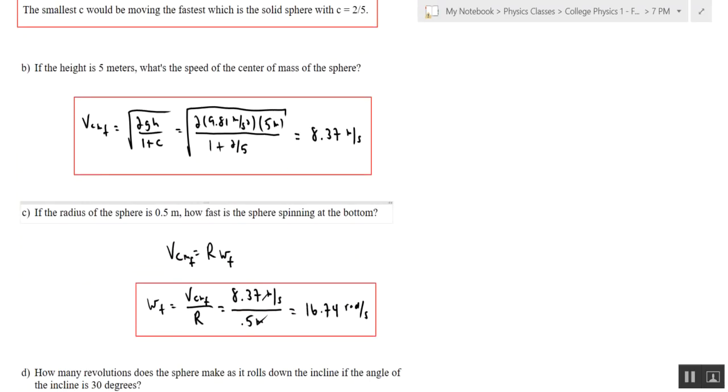So the question here in part C was, how fast is it spinning at the bottom? So how do we do that? It's right there. So with the VCM, yeah, you use this. If it's rolling normally, then how fast it's moving is equal to its radius times how fast it's spinning.